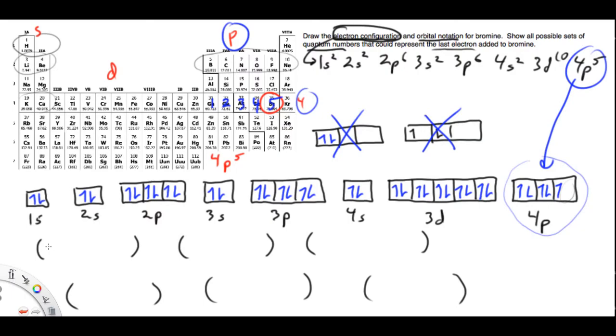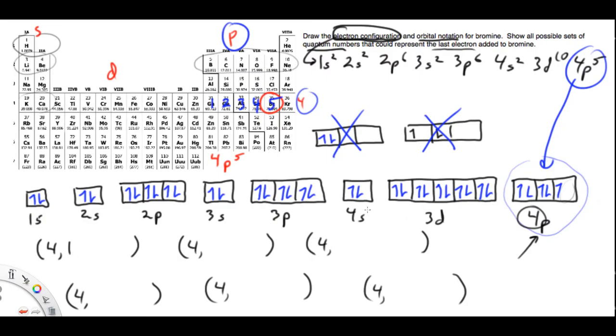So the first quantum number is n. N equals 4 for all of them. Okay, and we're going to separate these by commas. We're just going to write it as a set like you would in math. Then the second quantum number is L. L represents the sublevel, in this case P, and you should remember that P corresponds to 1.